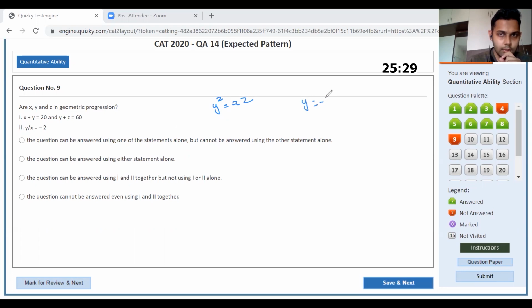And y is equal to minus 2x. Okay. So x minus 2x is equal to 20. X is equal to minus 20. y will be equal to 40, and y is 40, z is 20.